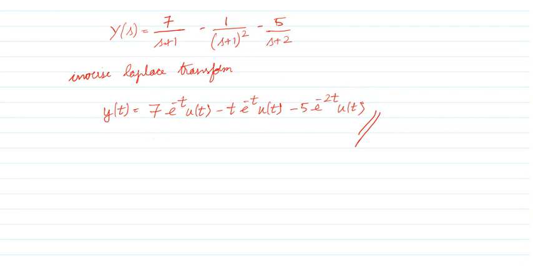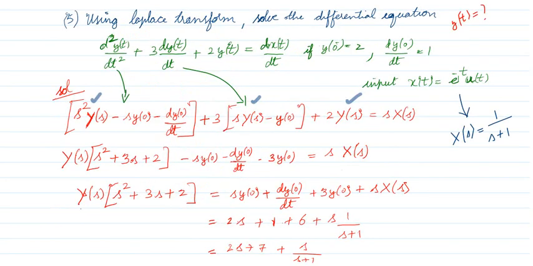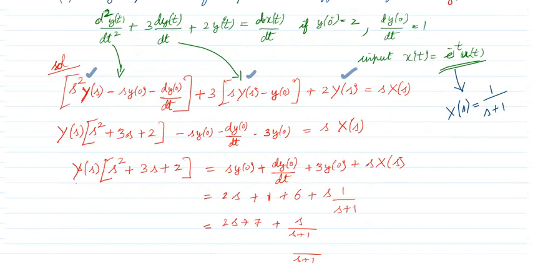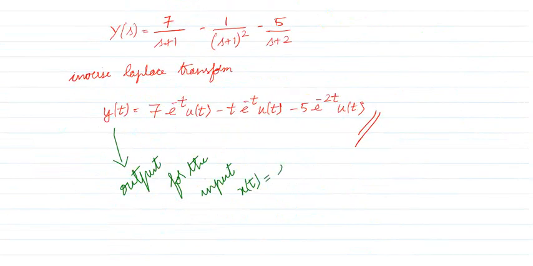So this y of t is the output for the input. What is the input given? Input is e power minus t u of t. Okay, this is the output for that input.